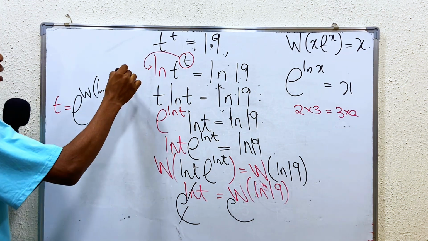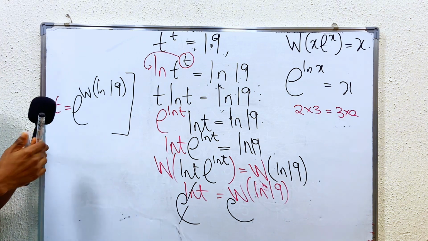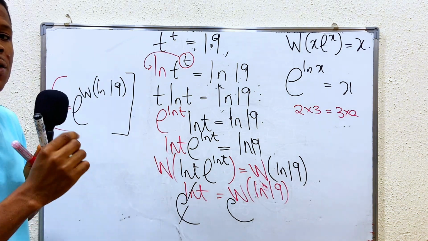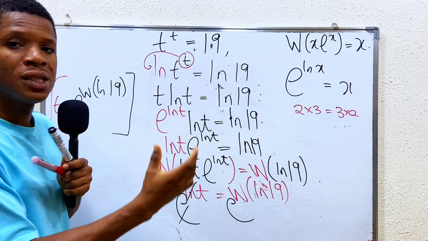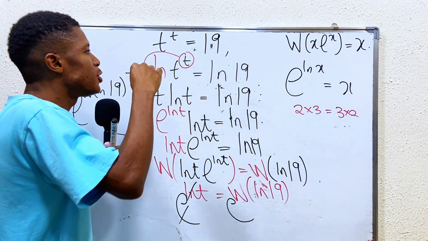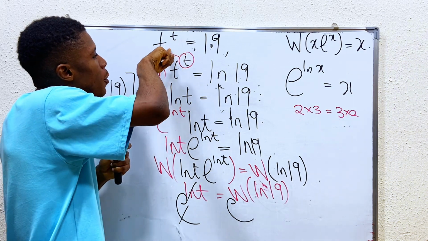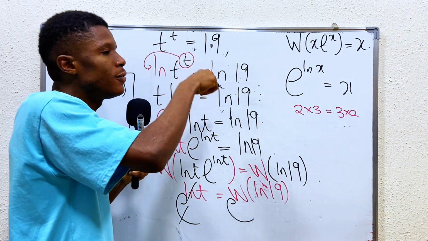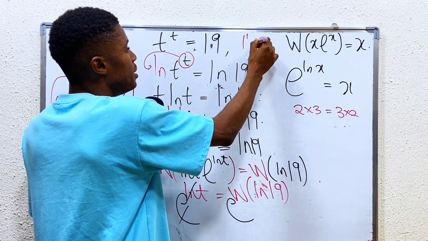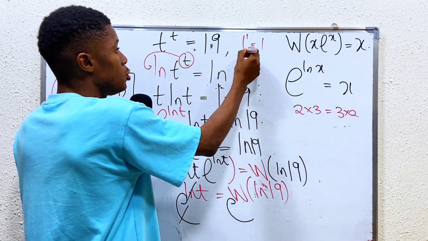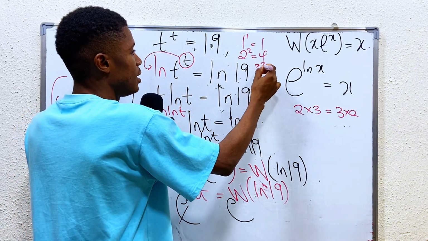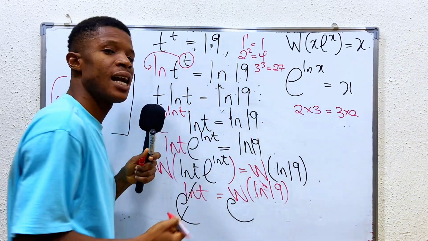You can put this value in a calculator to know the decimal solution. The reason we are using this method is that we are trying to find the number that, raised to itself, gives 19. 1 power 1 is 1, not 19. 2 power 2 is 4, not 19. 3 power 3 is 27, not 19.